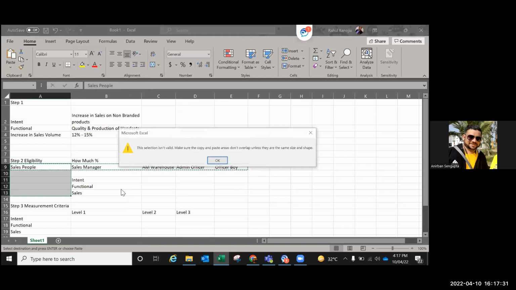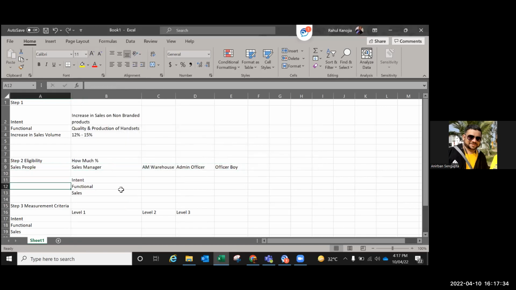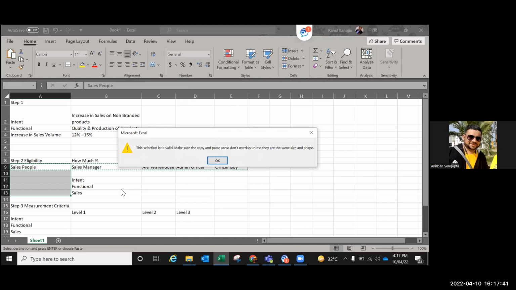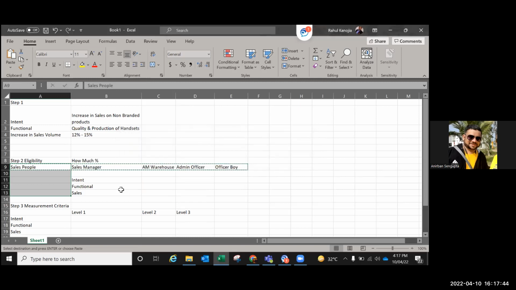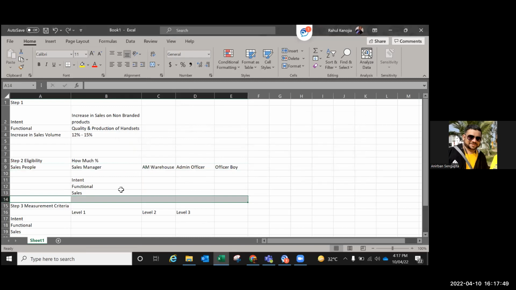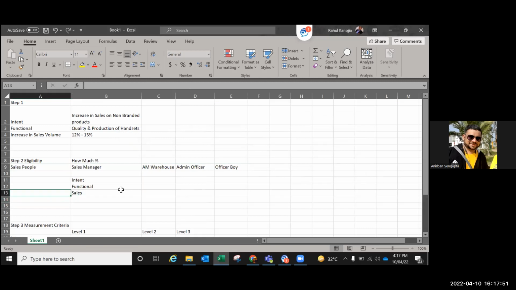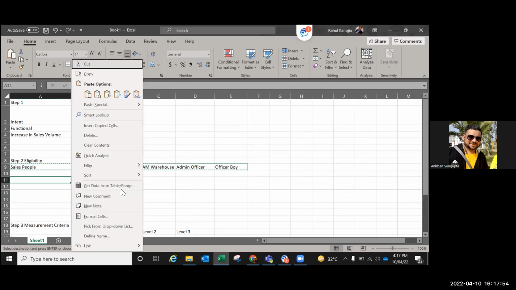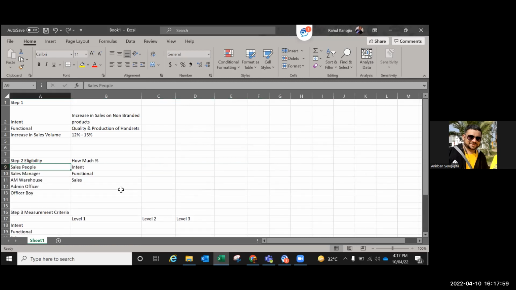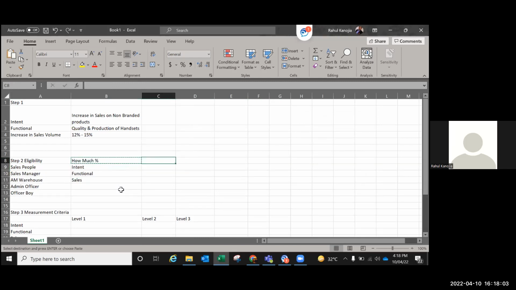Transpose. Okay, change this to horizontal: intent, functional and sales.